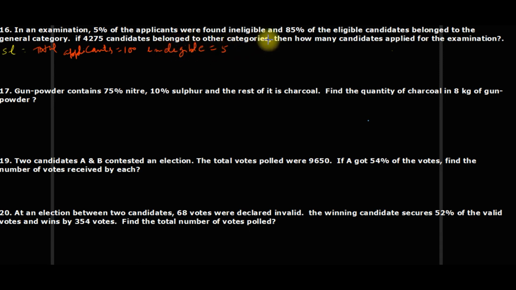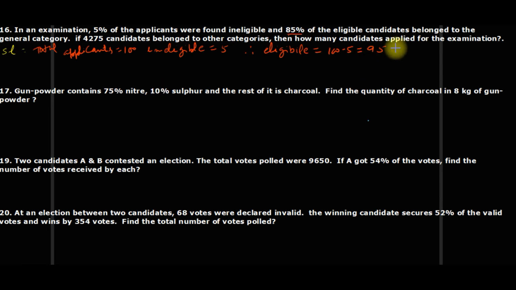Equal to 5. Therefore eligible would be 100 minus 5, 95. Now he is saying 85% of the eligible candidates belong to the general category.